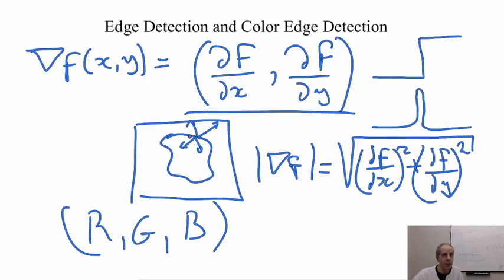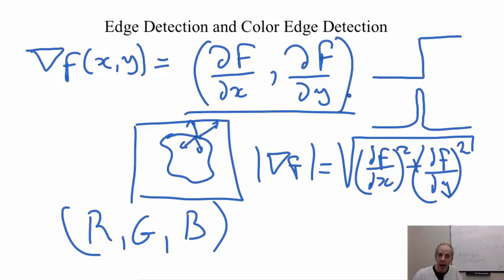You could actually ask for each value independently. You could say, in which direction does the red change the most? In which direction the green? In which direction the blue? And that's very simply 3 gradient directions. You're going to get 3 different directions sometimes.